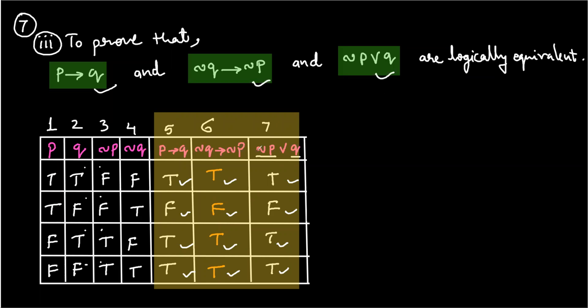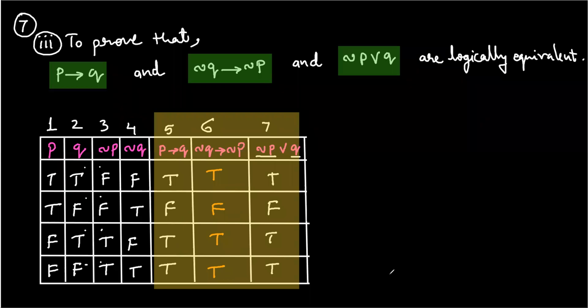Remember students, you may have more than two statement patterns logically equivalent. You can have three, four, five, six. They all can be logically equivalent if they have identical truth values for the given set of truth values of their component statements.